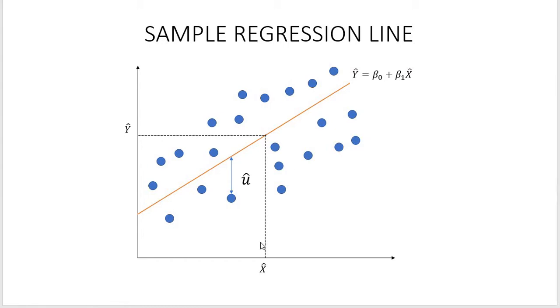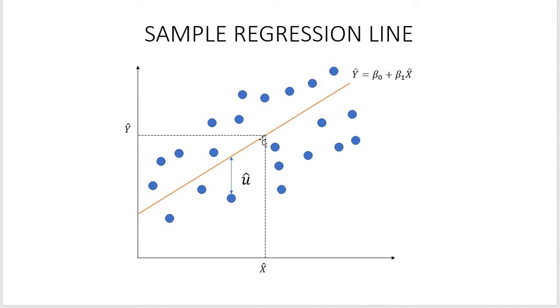As you remember, there is always a difference between the estimated value of y and the actual value of y. For instance, for this value of x, I expect to see this value of y based on this regression line.